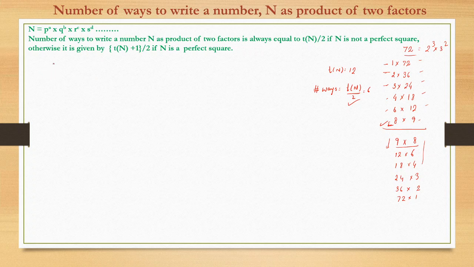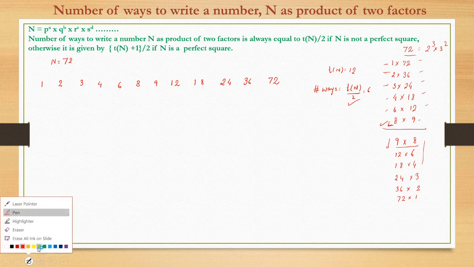We know n is equal to 72, so its product of factors is 1, 2, 3, 4, 6, 8, 9, 12, 18, 24, 36, and 72. This is a revision for you, and 12 factors are there.